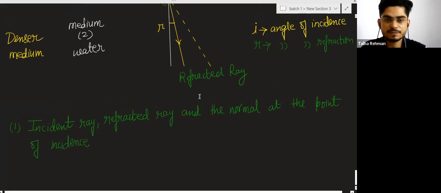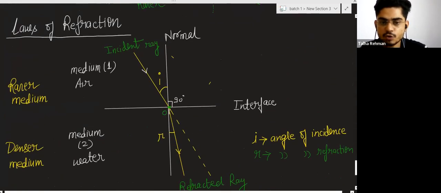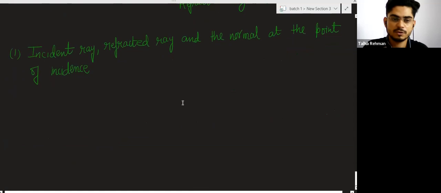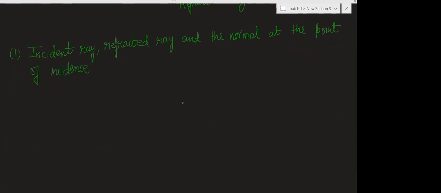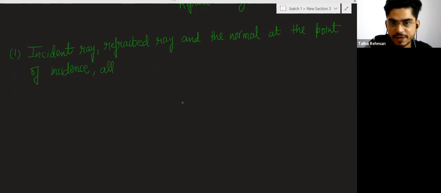What is the point of incidence here? It is O. This point is the point of incidence. All, means incident ray, refracted ray, normal, all lie on the same plane.